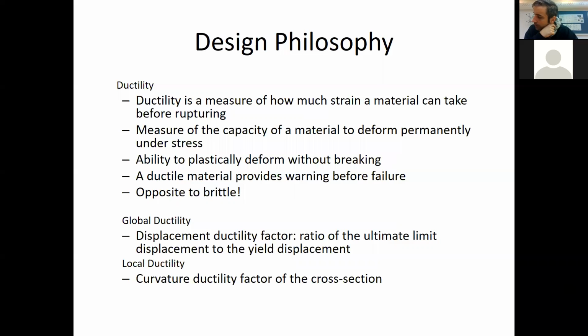Okay. So how do we design for earthquakes? Well, one very important concept when designing a structure to resist earthquakes is the ductility, okay?